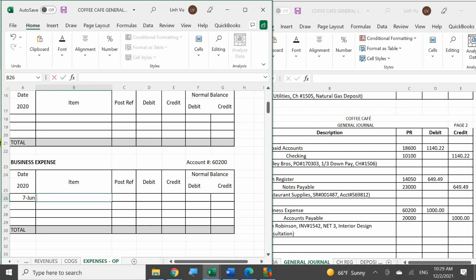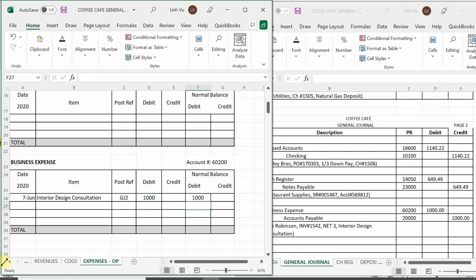Interior design consultation. Post reference, General Journal 2 for $1,000.